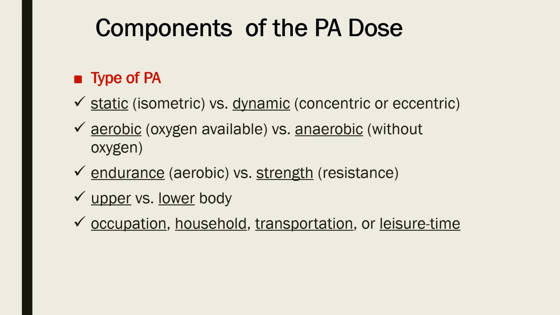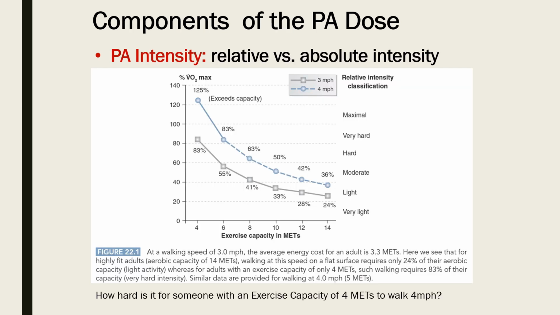When considering the intensity component of an activity's dose, it is important to differentiate between relative and absolute intensity. Relative intensity accounts for the exercise capacity of the individual, while absolute intensity refers only to the demands of the activity itself. This figure illustrates how relative intensity varies for individuals with different levels of fitness.